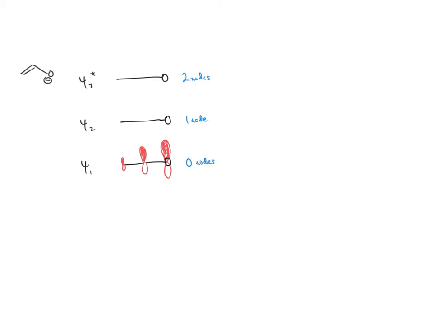If we go to psi2, psi2 looks like this, where we've got 1 node in between, directly at that carbon atom. And this time, the greater lobe is on the carbon atom. And in psi3 star, it looks like this, where we're changing the phase each time.